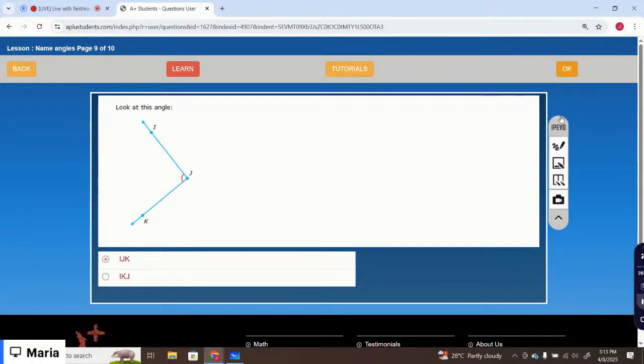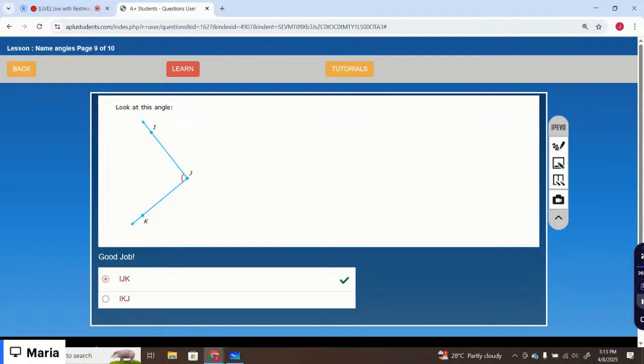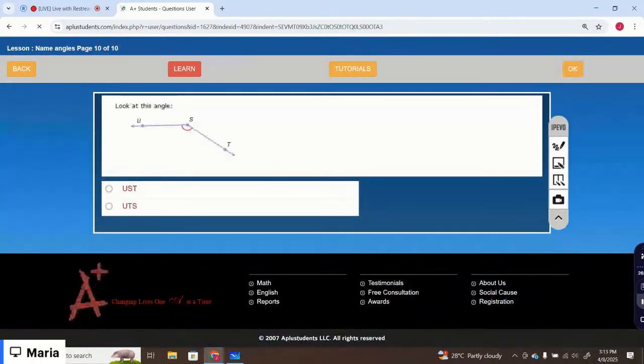IJK, option number one is the correct option. Look at this angle.